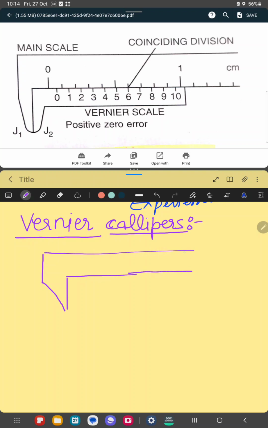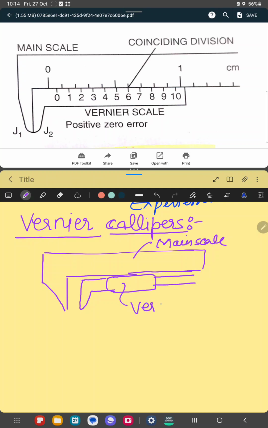This is the upper section, and this scale is called the main scale, and this is the lower jaw, and the lower jaw has another scale that is called the Vernier scale.